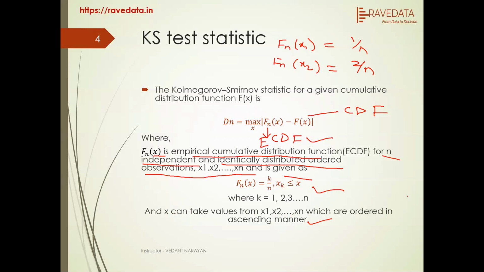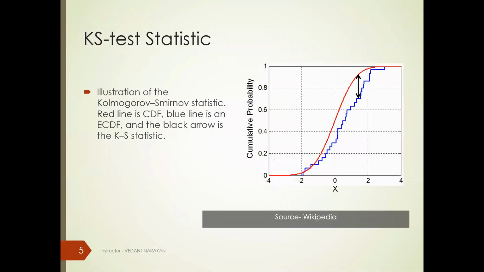We will understand the Dn using a pictorial representation, and that will clear your doubts. In this diagram, the red line is the cumulative distribution function of a normal distribution, and the blue line is the ECDF. The test statistic is nothing but the maximum difference between the ECDF and CDF.